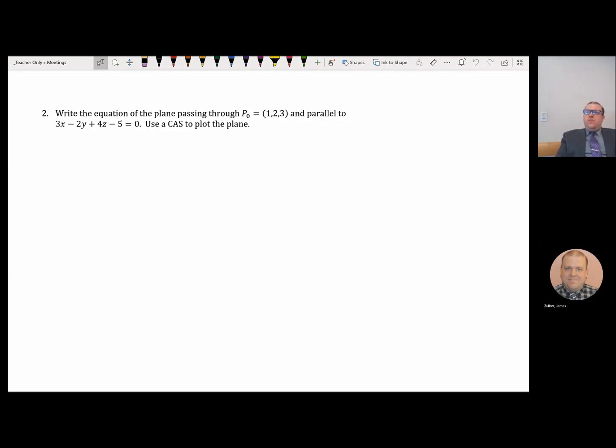This vector is called the normal vector. Typically, a plane is represented with a capital pi. Don't know why they use that, but that's the most common I've seen.